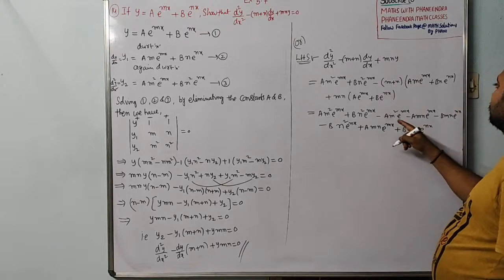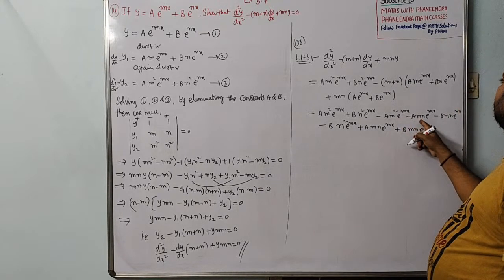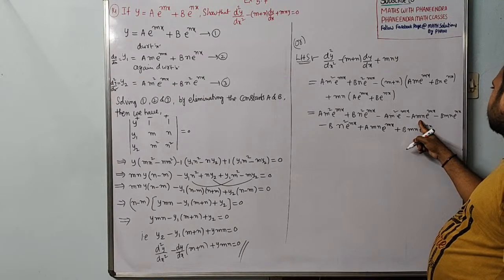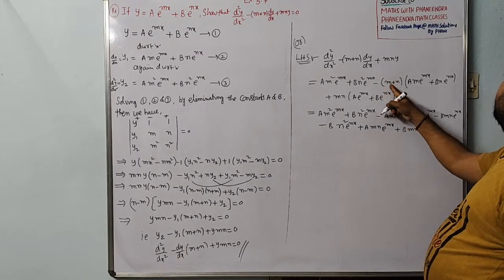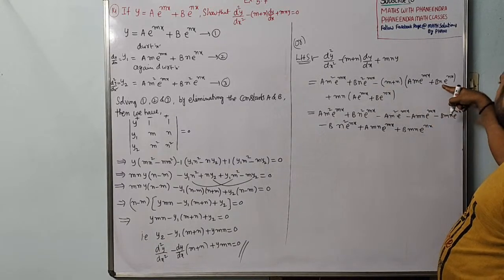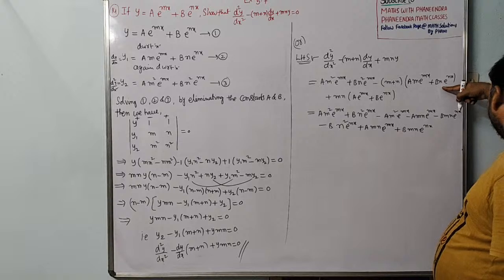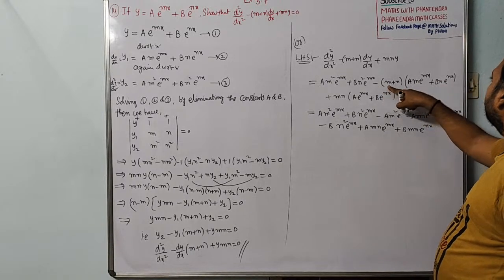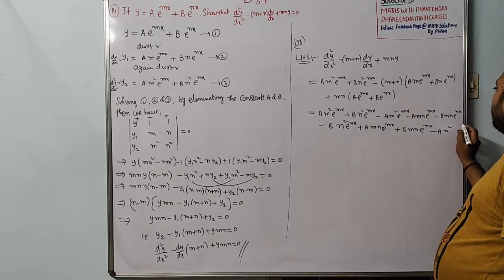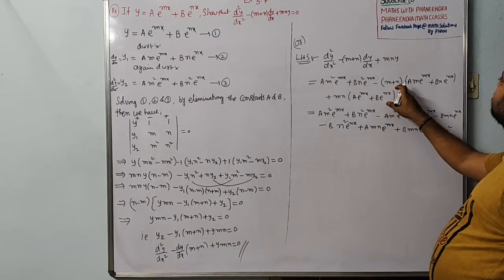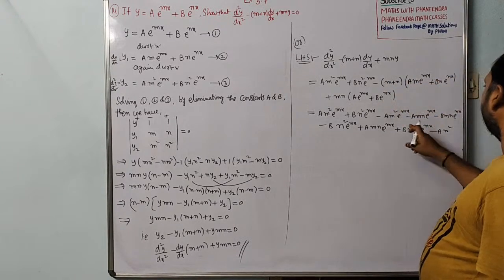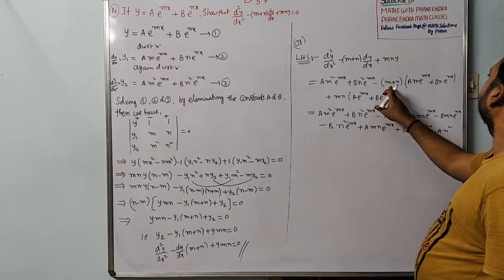Here we missed am square, amn, minus m into this value. This is over. Next minus m into n, this is also over. Next minus m into m square, minus am square e power mx, this is also over. So this is the first one.